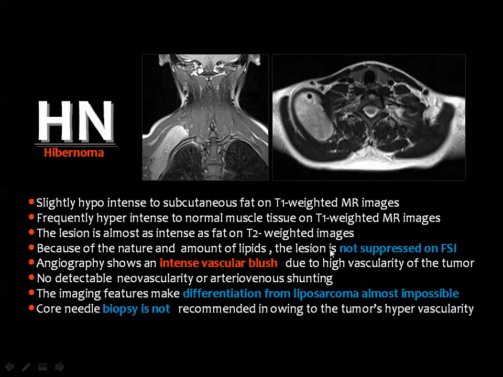And this is mentioned in the literature, but you may not see it in real practice, where the fat in the lesion is not suppressed on the fat suppressed images, but many times you can see that hibernoma will be suppressed on fat suppressed images. Then angiography will show intense vascular blush of the lesion, and there is no neovascularity, there is no hypervascularity of neoplastic tissue, for example, or arteriovenous shunting.